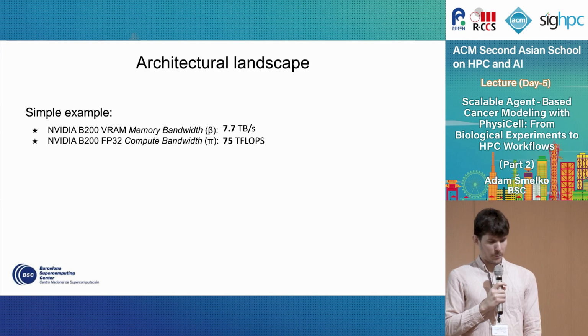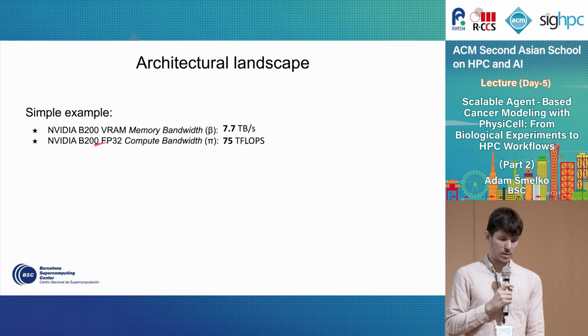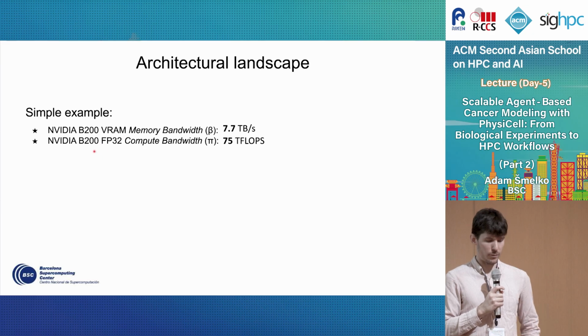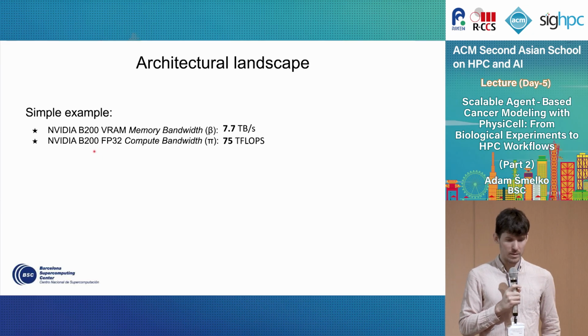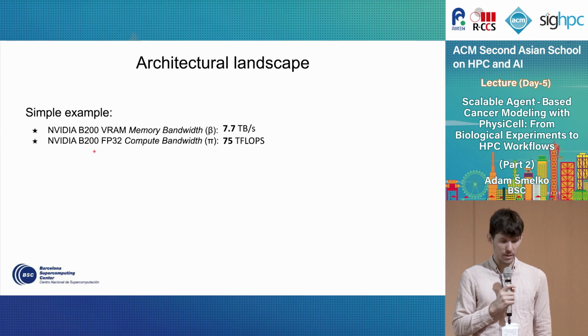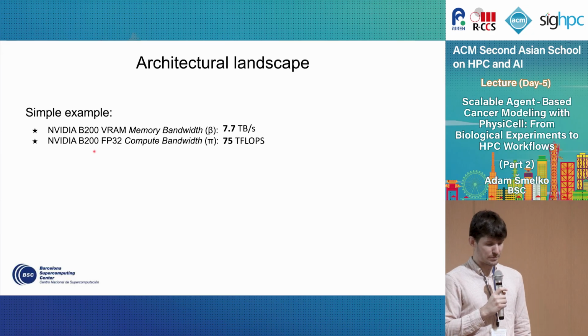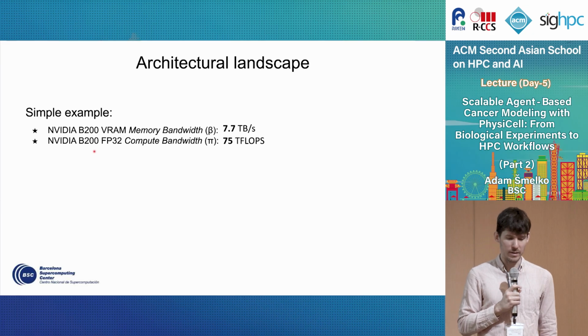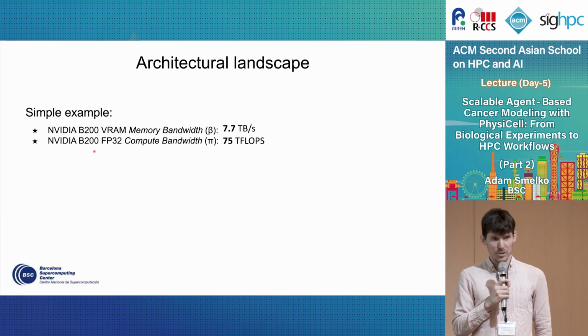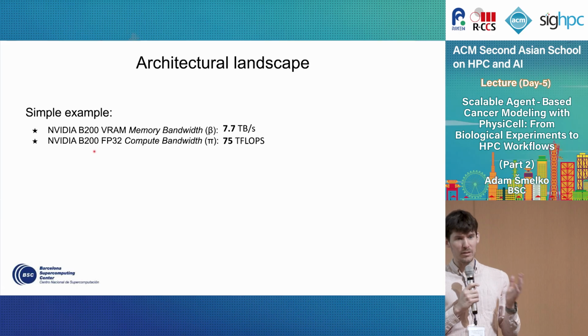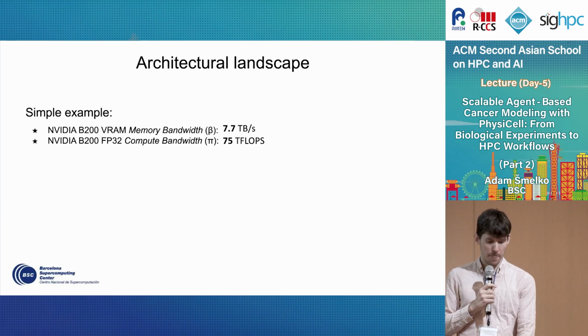You can see that the compute bandwidth for a specific type, a 4-byte floating point, is 75 teraflops per second, and the memory bandwidth is 7.7 terabytes per second. So you can see that there is a magnitude of difference between these two things.